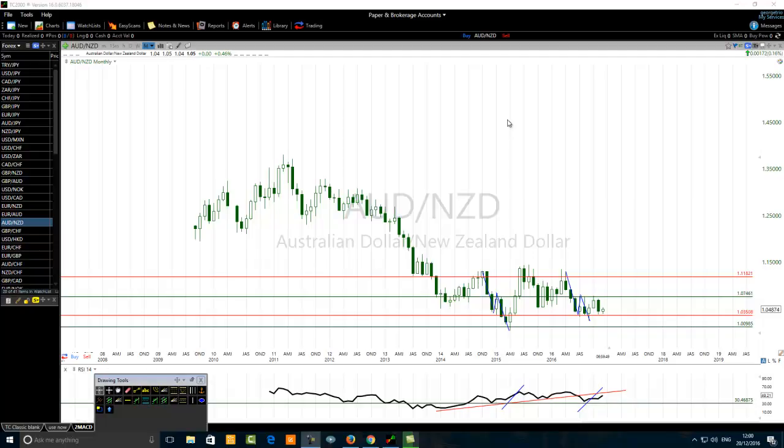Whenever we are trading the Australian dollar, New Zealand dollar, we are comparing two economies. One economy is the Australian dollar, the second one is the New Zealand dollar. New Zealand dollar mostly based on oil, and Australian dollar mostly based on gold. Whenever you hear the word Australian dollar, think of gold.